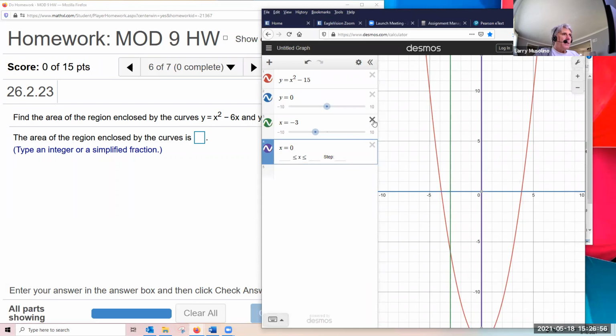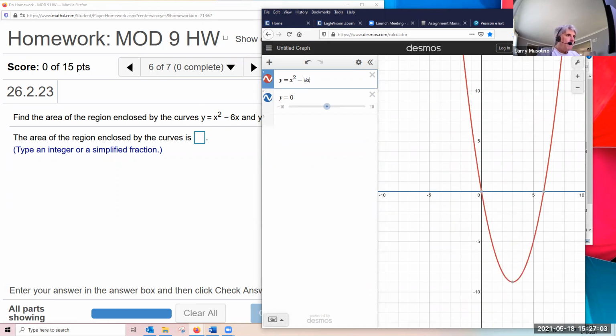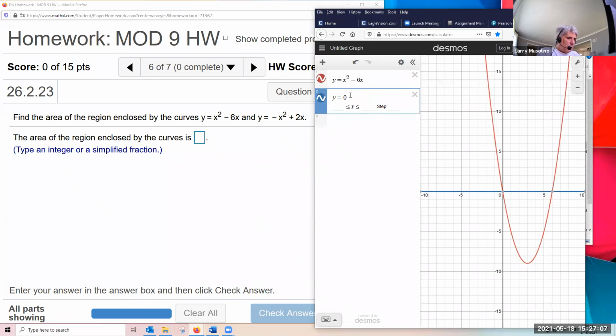Let me put this side by side here. All right, the first function is x squared minus 6x. And the second function is y equals negative x squared plus 2x. All right. Well, I can see this blue curve is on top, right?